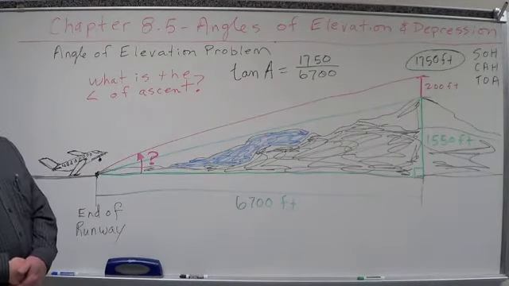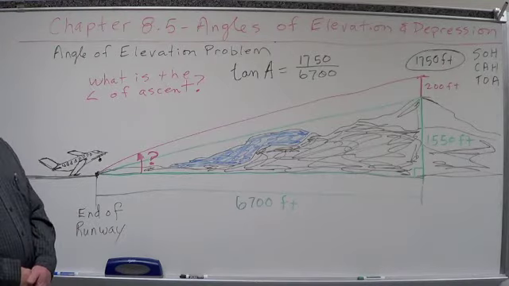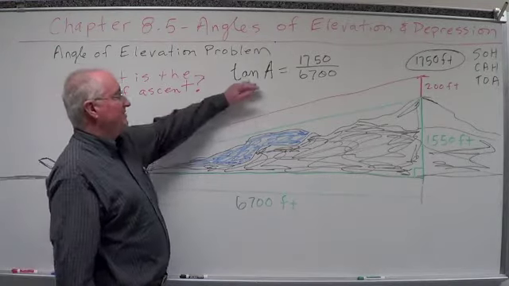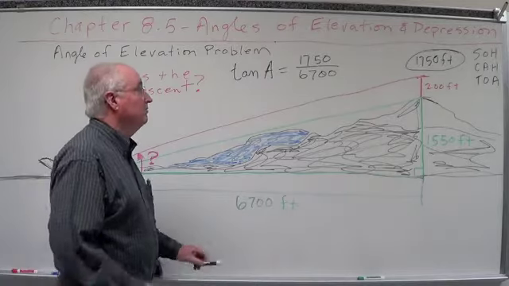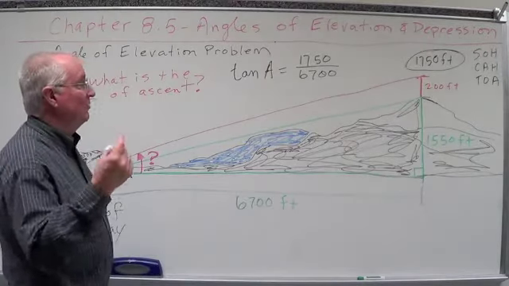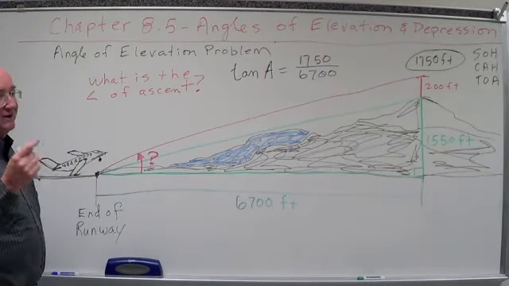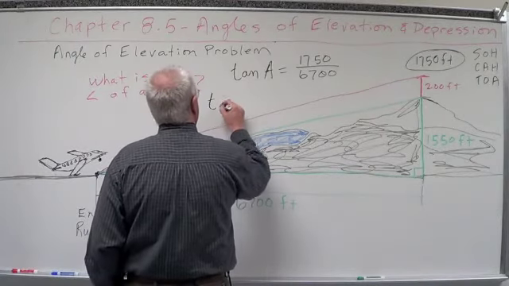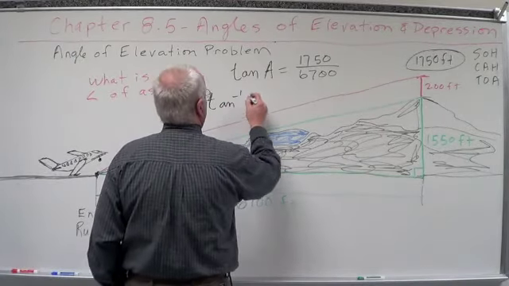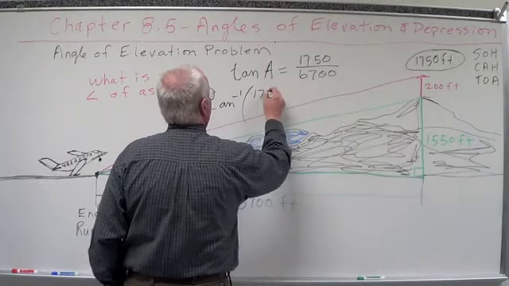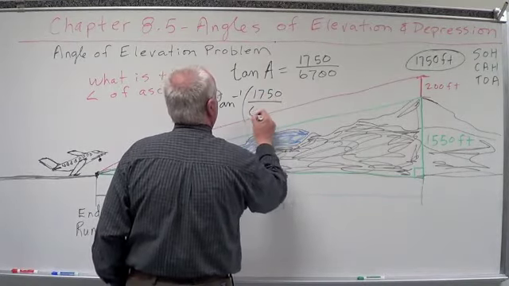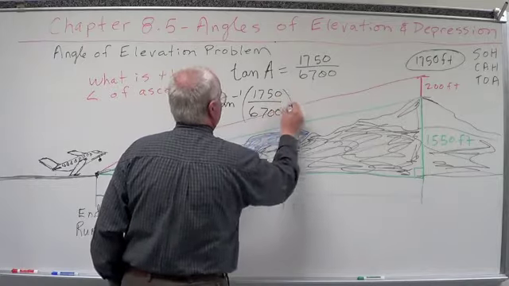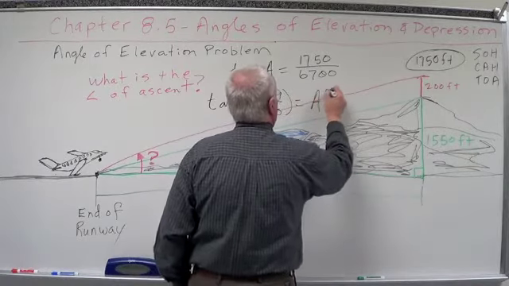Now, do we know the angle? No. We don't know the angle. So can we use the tangent function? No. We have to use the inverse function. So we're actually going to have tangent inverse of 1750 divided by 6,700 equals our angle of ascent.